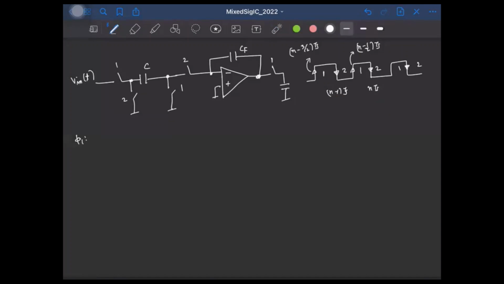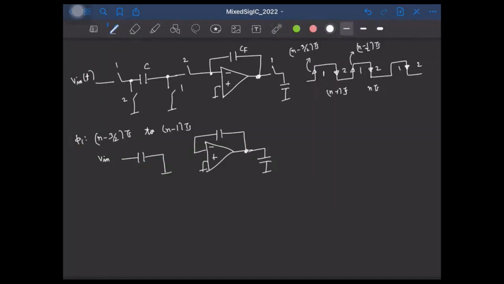So during the phase phi 1, that is during this phase, where the time is from (n-3/2) times Ts to (n-1) times Ts, right? This is the phase. So the equivalent circuit is this, where the capacitor samples the input, the feedback capacitor remains in feedback, and this is my V. So at the end of this phase phi 1, what is the voltage stored across the capacitors?